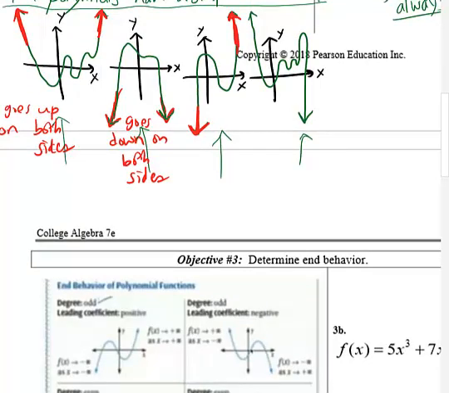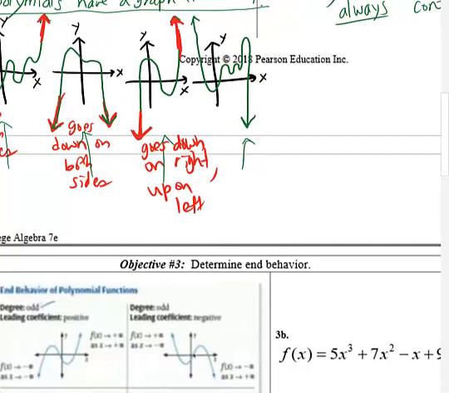Which way are the arrows going? And the last one goes up on the left and down on the right.